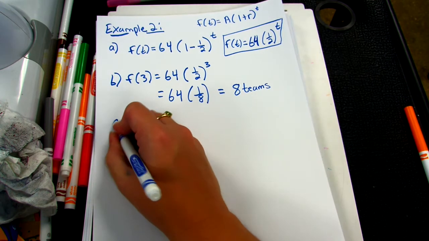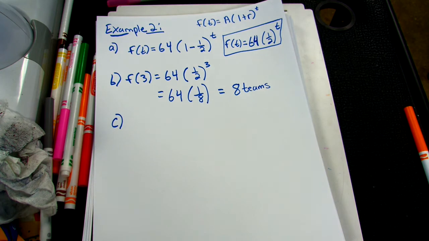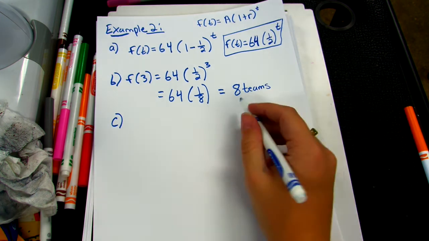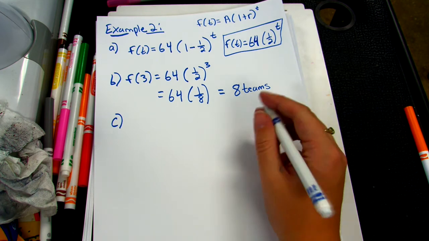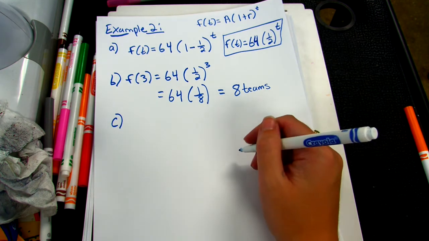And so part C in example 2, the question is, well, graph this function and determine how many rounds it takes to determine a champion. Well, a champion is going to be when there's only one team left. So we want to keep going until we only have one team left. So let's go ahead and make our chart.